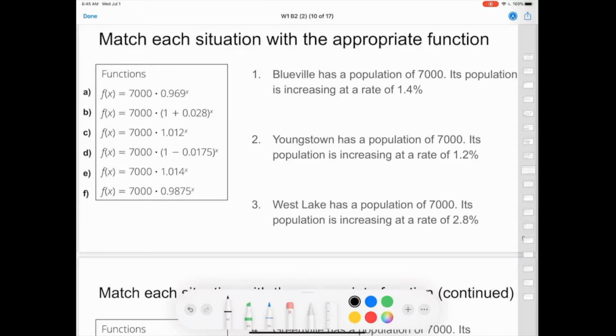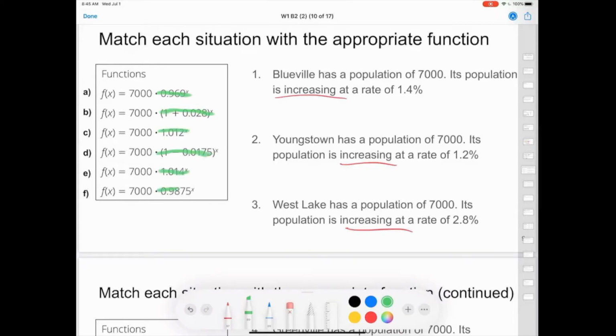So notice that for all of these, it says that the population is increasing. Okay, so these are my answer choices. The first thing I want to do is eliminate the ones that are decreasing. So I'm going to look at my B values. Remember, think of your exponential function. The B value is going to be anything that's raised to the power of x.